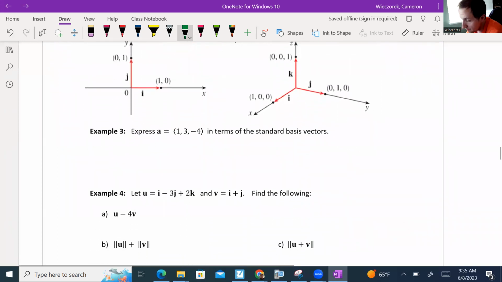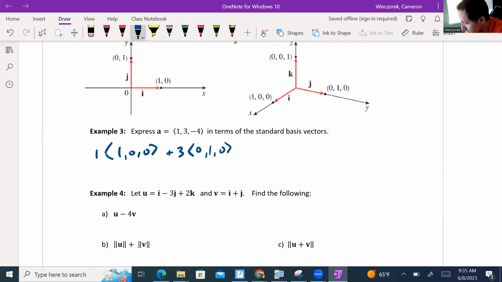And so, as I said, any vector you can express in terms of the standard basis vectors. So if I wanted to express the vector 1, 3, negative 4, well, if I think about that, that's 1 times 1, 0, 0 plus 3 times 0, 1, 0 minus 4 times 0, 0, 1. Since this is the x coordinate, this is the y coordinate, and this is the z coordinate.